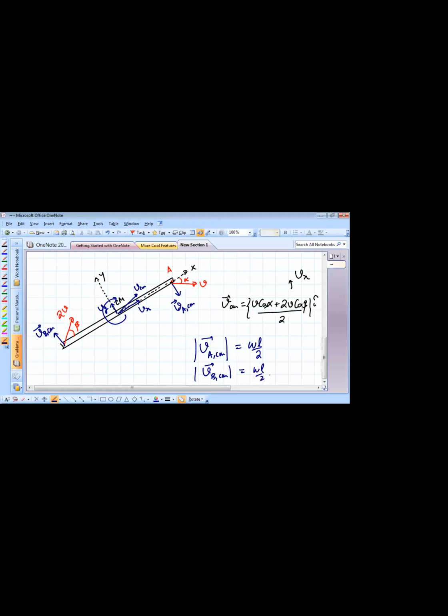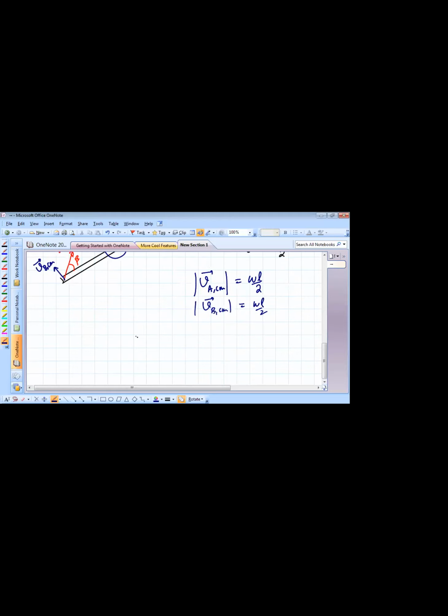In fact, that is why velocity of center of mass becomes this, because you can also see that velocity of A in general becomes VCM plus, if you write this as a vector quantity, omega cross R of A with respect to center of mass. Okay.